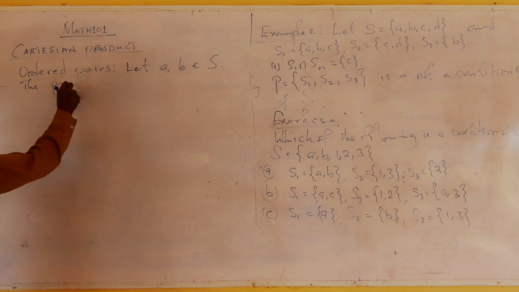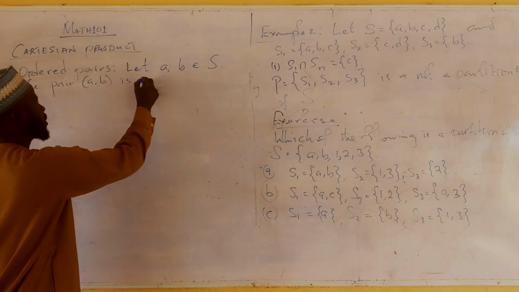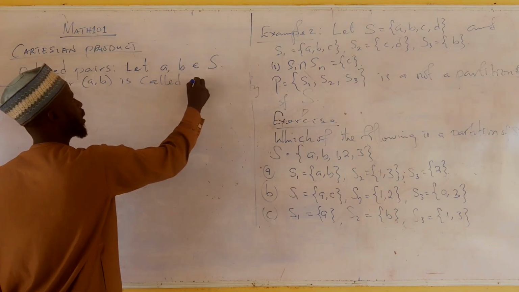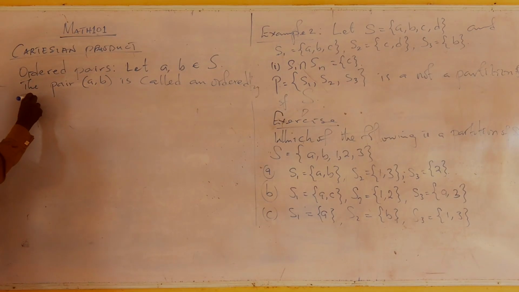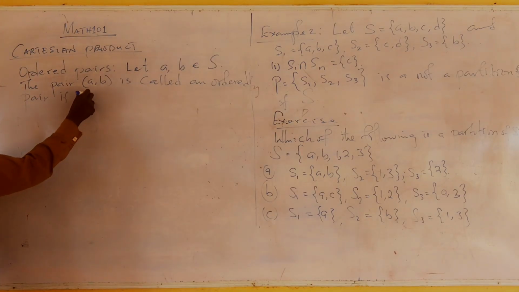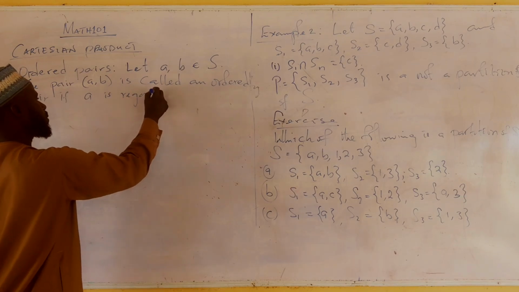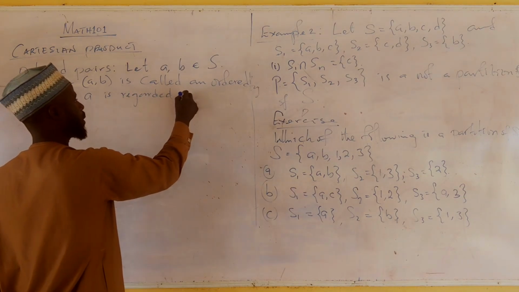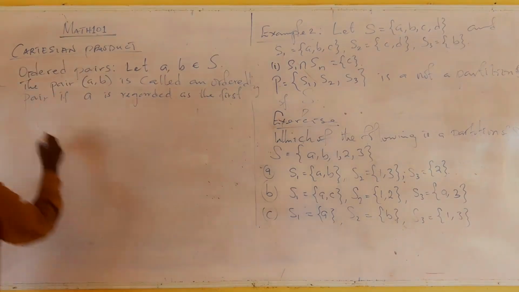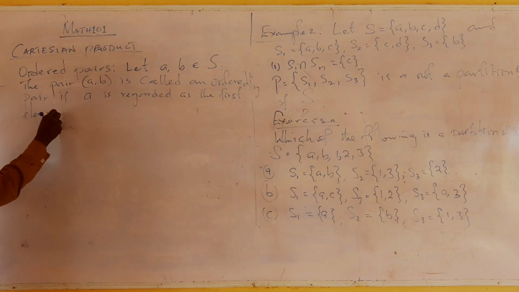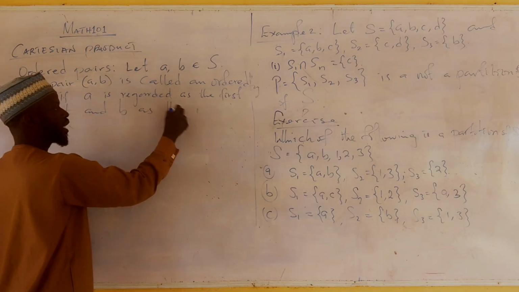The pair A comma B is called an ordered pair if A is regarded as the first element and B as the second element.